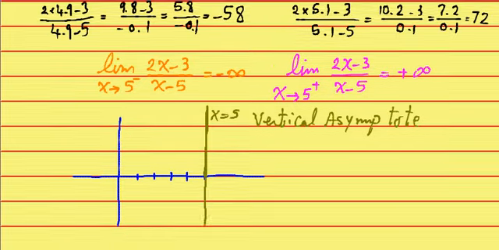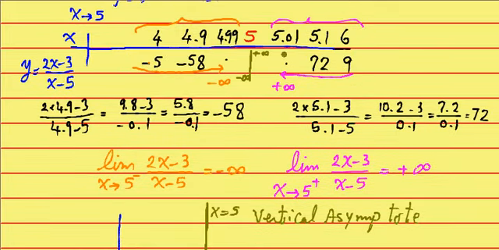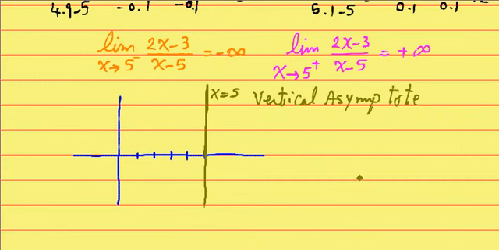What we just discovered here is that from above, to the right of 5, these numbers are marching all the way up to plus infinity. That tells me that my picture is going to behave like this.